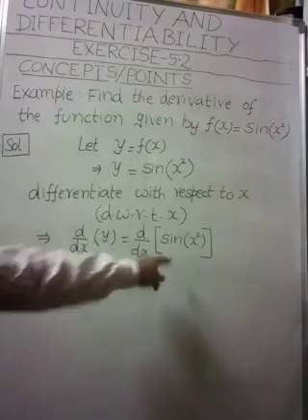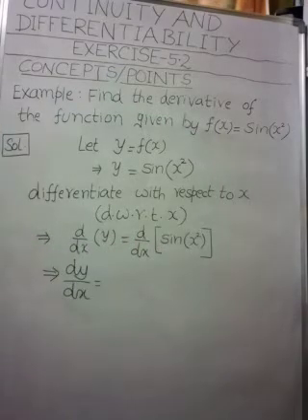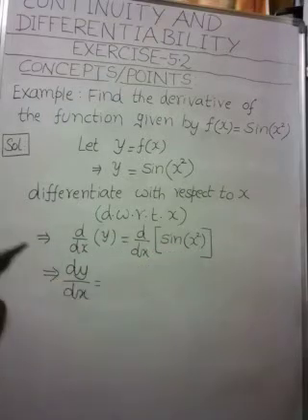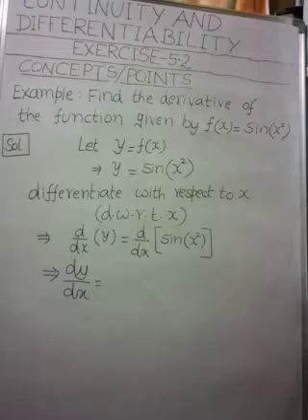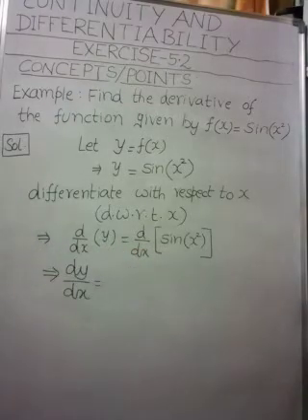Now come to RHS. What is that first function? Sine function. The composite of sine function and x square function. So we have to take the first function, sine function. What is d by dx of sine x? Cos x.